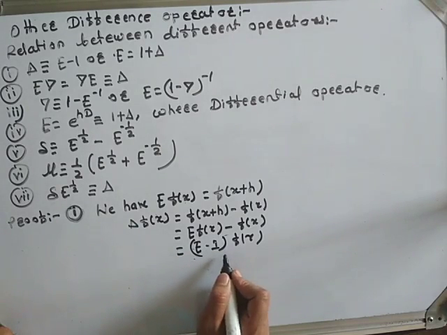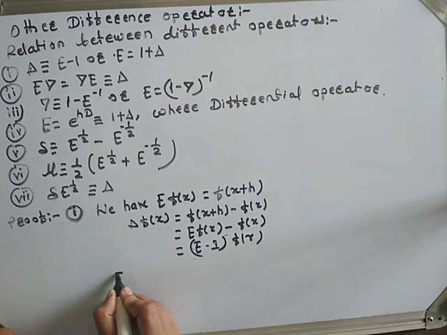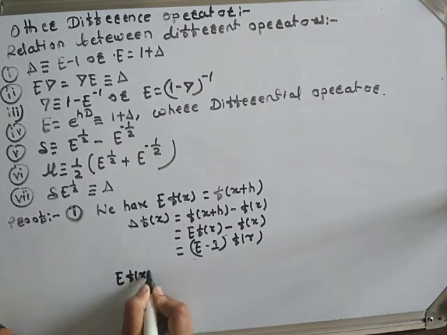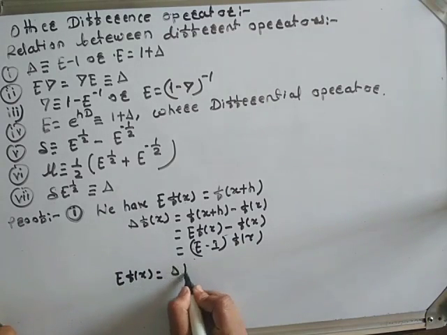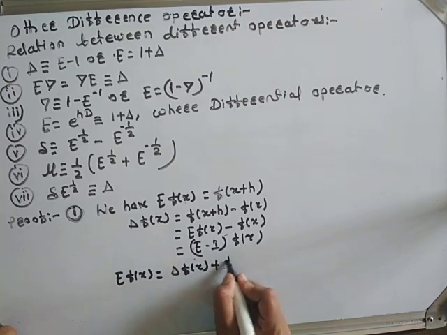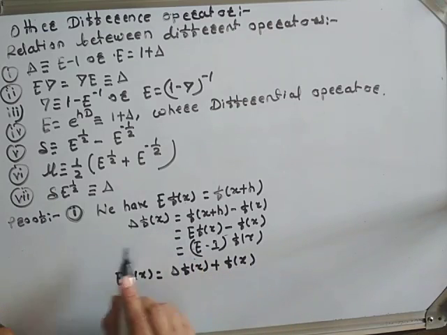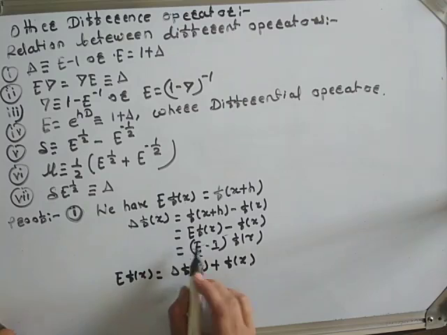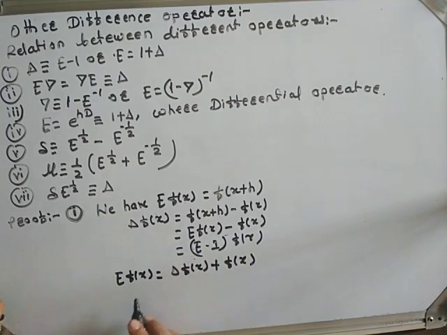From this, E of f of x is equal to what? Delta of f of x plus f of x. From this equation, delta f of x is equal to E of f of x minus f of x.